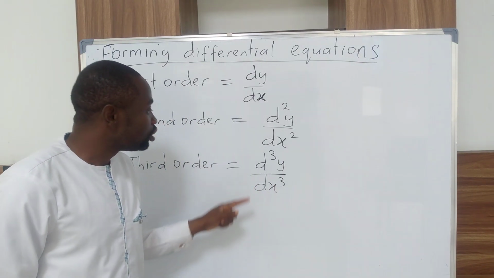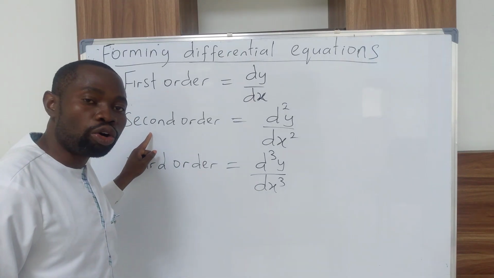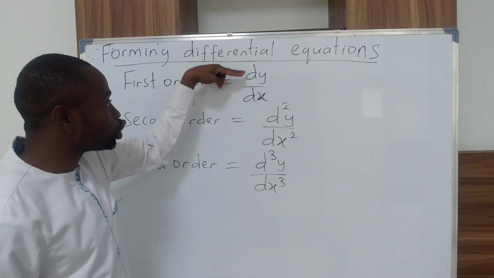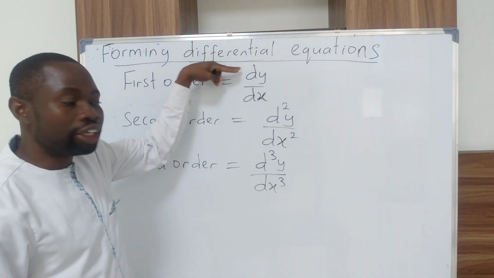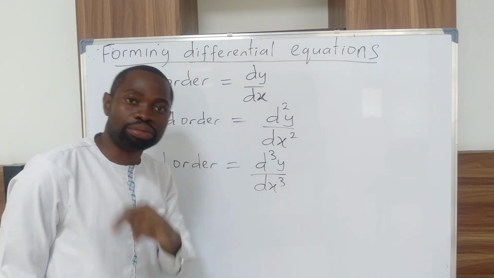It simply means we are differentiating again the answer of the second order. That means if you are starting from the function, you are differentiating the function three times.